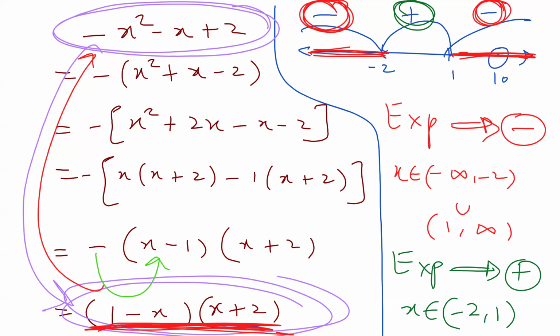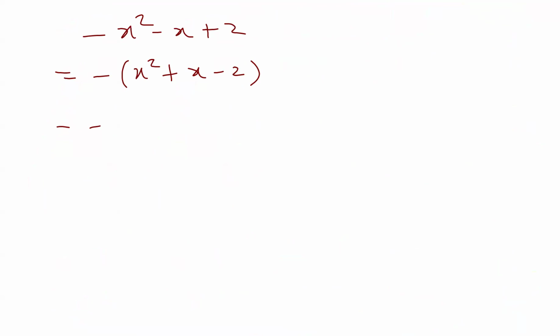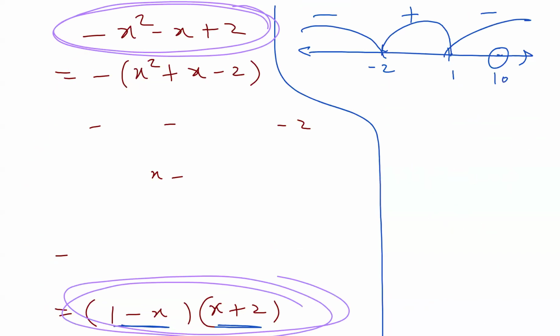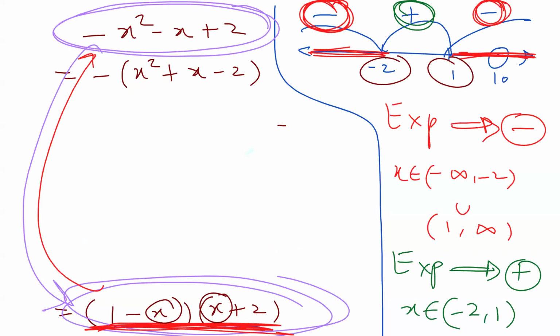Now let us put these critical values over here, one at a time. Will it give you 0? Yes. So this is quite tricky, I should say. The third case: the value of the expression is 0, or it does not have any sign, at the critical values.